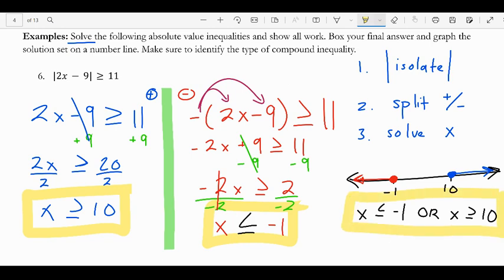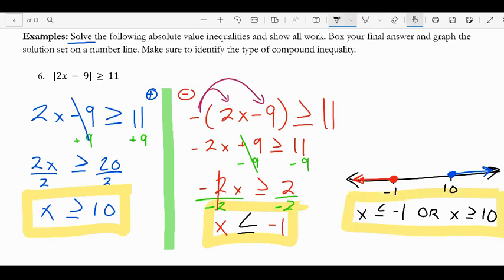So a few things to note here is that when our symbols go the opposite direction of each other, we use the word or. Okay? If they're going towards each other, we use the word and.